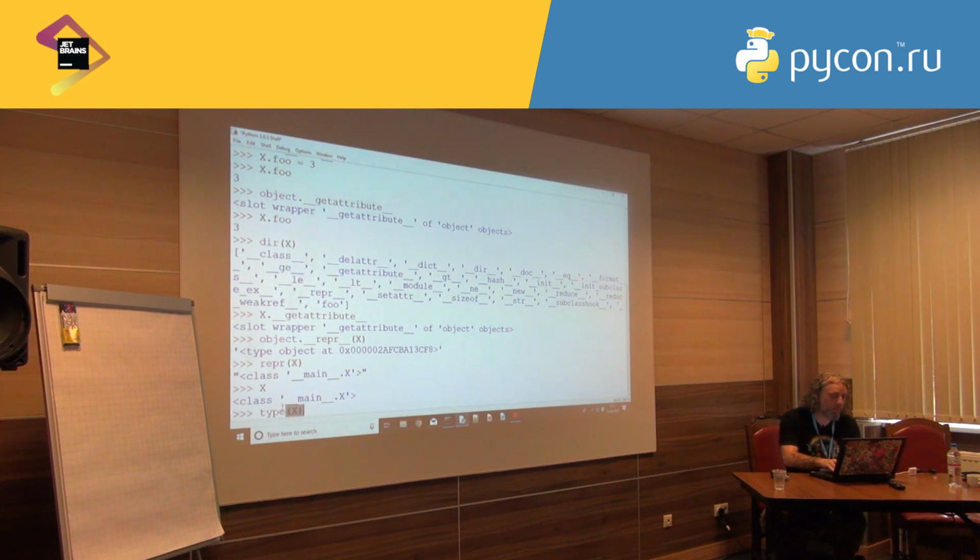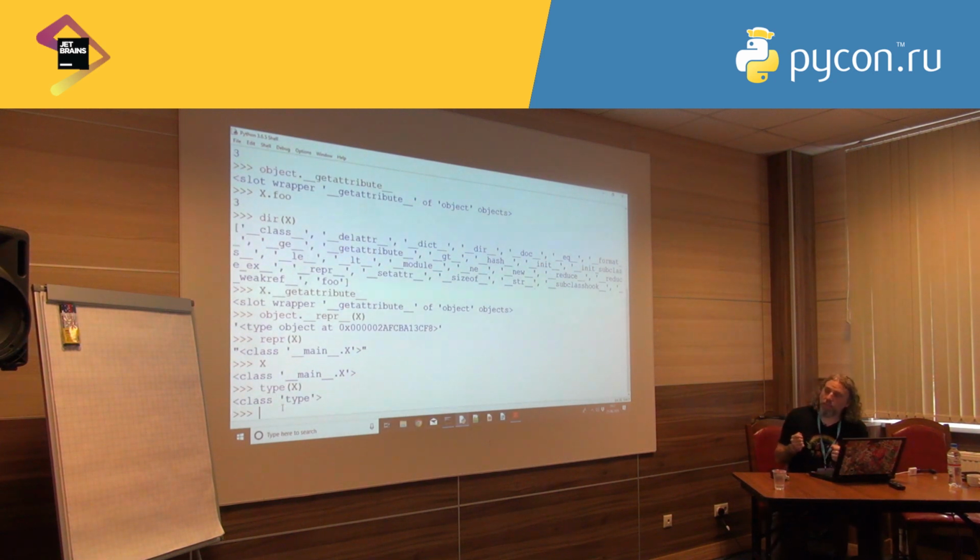Let's have a look at the type of x. It is type. A class is an instance of type. The type is the default metaclass, and you can create new classes by calling type, by instantiating type directly. What they take is a name, which is a string, a tuple of base classes, and a dictionary of class members, which will be functions for methods.